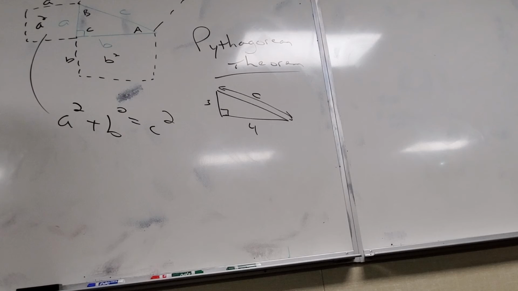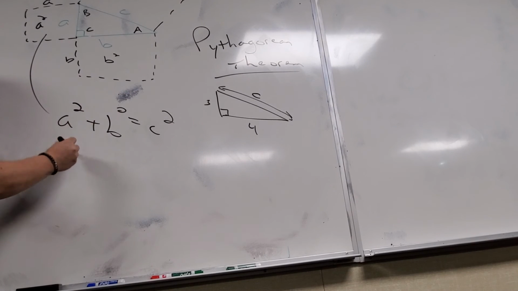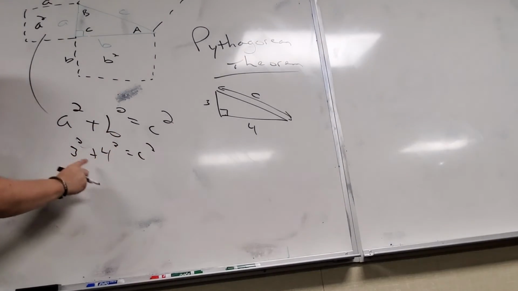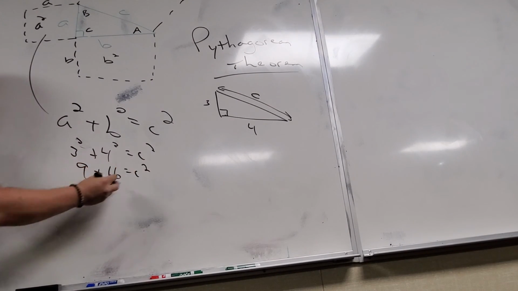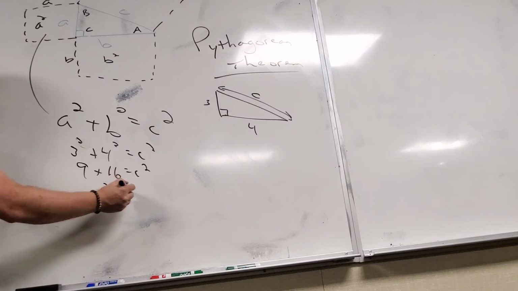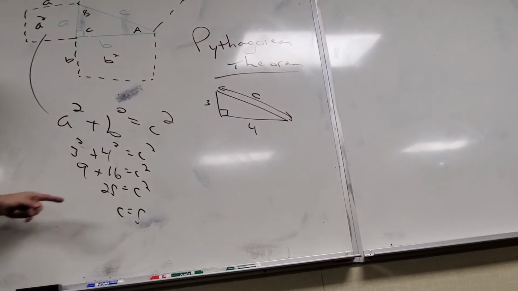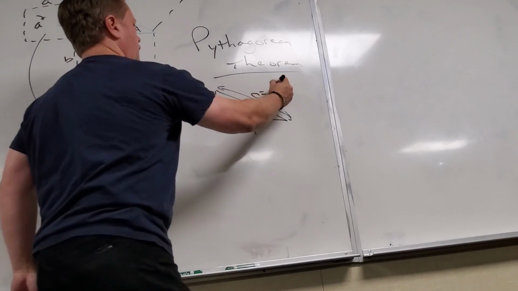It doesn't matter which one's A or B. So how would I fill in the equation? 3 squared plus 4 squared equals C squared. What's 3 squared? What's 4 squared? What's 9 plus 16? So what's C? 5, right? What squared is 25? 5. So this would be a 3, 4, 5 triangle.